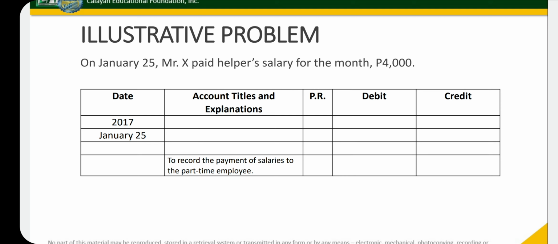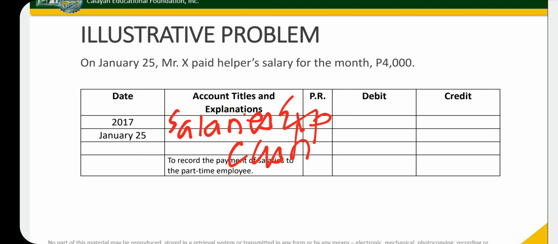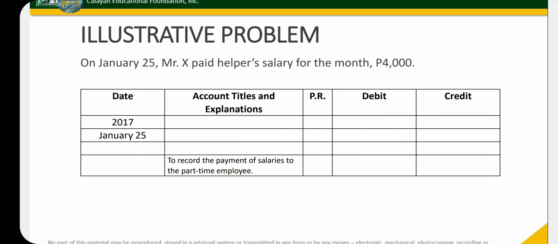Okay, so to record the payment of salaries, we need to debit salaries expense. Take note that expenses have a normal debit balance, diba? Then we credit cash since we're going to pay 4,000 cash to the student or to the helper. Then debit salaries expense 4,000, credit cash 4,000.